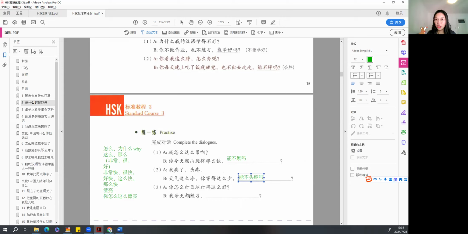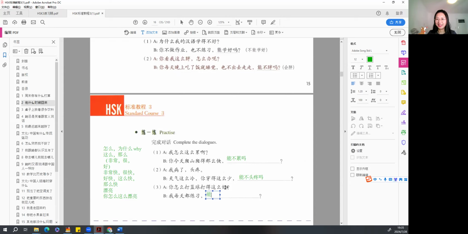This 都 emphasizes that every period it will happen. So it's an emphasized tone. It will strengthen this whole sentence. I emphasize that every day, or every week, every period, I will definitely do it.